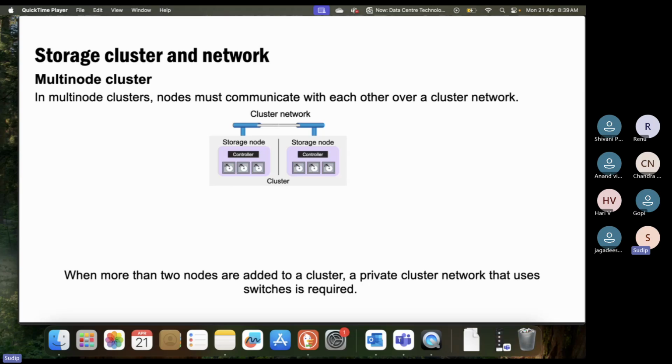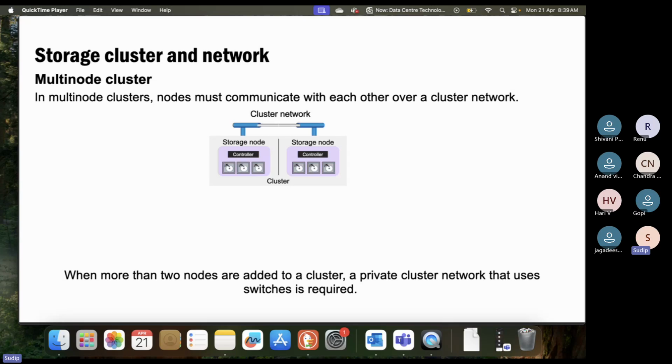Either you take special kinds of cables and connect both the controllers to each other in the backend, or you put the controllers in a chassis where the chassis itself has a very high speed interconnect over a PCB board. Both the controllers connect to that PCB board, and through it the data traffic will flow between both the controllers.